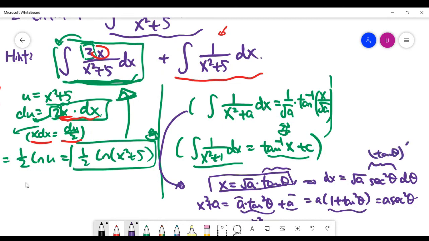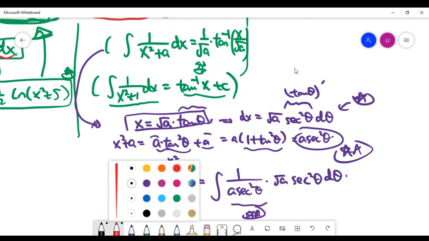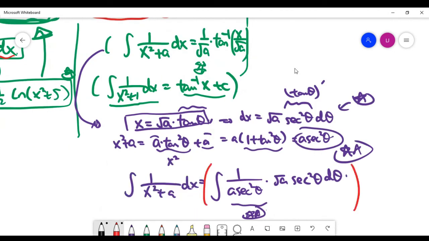So by the trigonometric substitution, you would notice the following. You're actually integrating an expression like this, and this is what we have for the dx, and the bottom now is the same as this term, which is x squared plus a. Now you see, coincidentally, secant square theta is cancelled. So essentially, you're left with a constant, right?